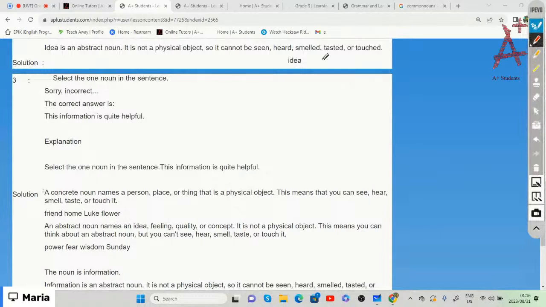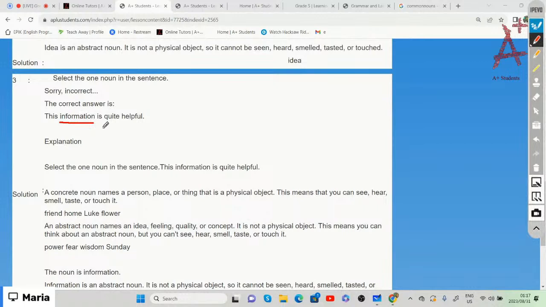So if we were to choose the one noun within the sentence, then we can say it's information. So information is our noun, right? It's an abstract noun. It is not a physical object, right? It's not things that we can see, hear, smell, taste.